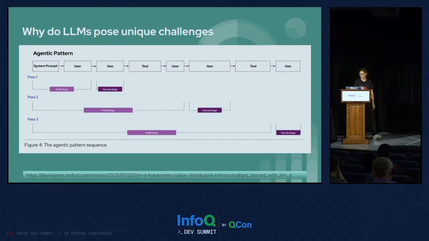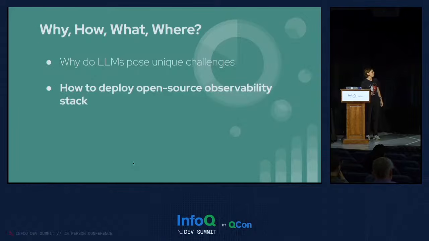The speed for decode, like I mentioned before, isn't as important as long as it's in line with how you read. So it makes sense to separate these two phases of AI interactions. This is what the project I've been working on, called LLM-d, and vLLM do.